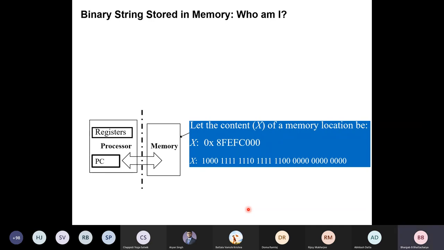How does the machine know what is the significance of this bit string? Because when everything is translated into bits, all its inheritance is lost. Whether it is an instruction or data, and if it is data, whether it is an integer or floating point, what is it? How does the machine correctly interpret the meaning of this string? You understand the question?